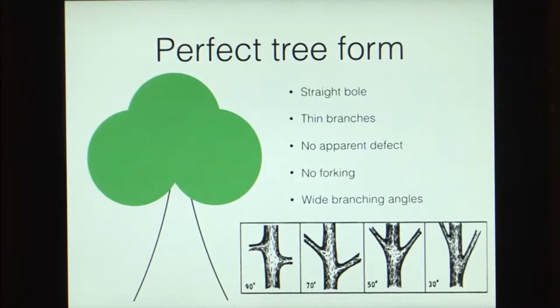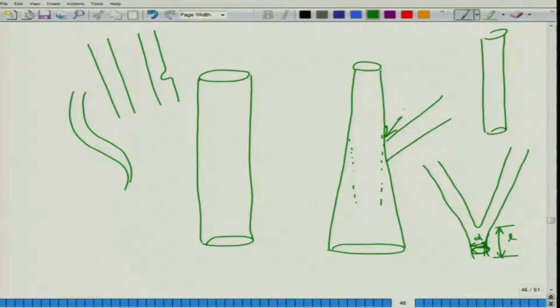So, that is less than 90 degrees, but it is very far apart from the tree. So, in that case, when we have these defects, they will not be very prominent, but if you had a branch that went at a very acute angle, then this portion would have a very large amount of defect. So, that is not considered a perfect tree form.